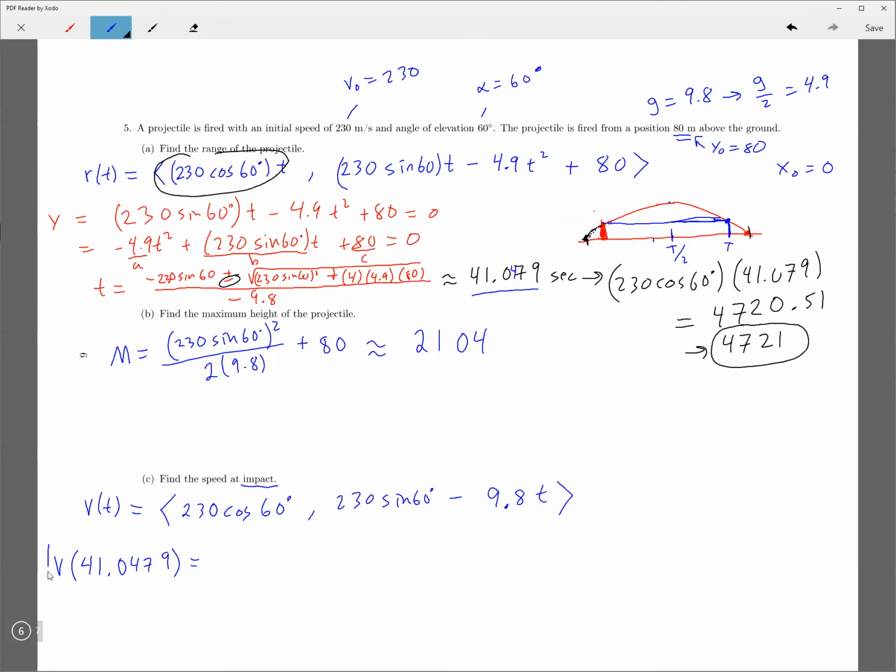Yeah, let's go with the speed already. So it's going to be the square root of that squared plus all of this squared, with this value plugged in for the t.